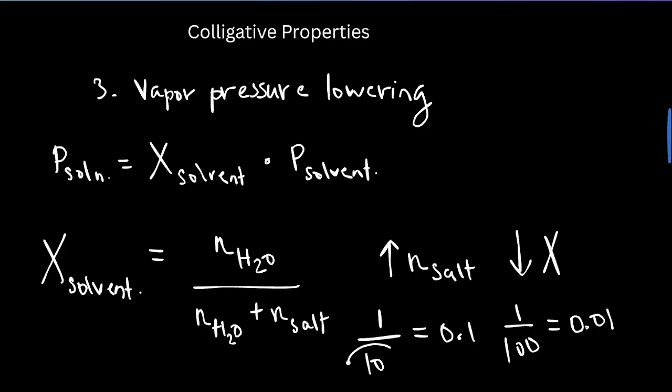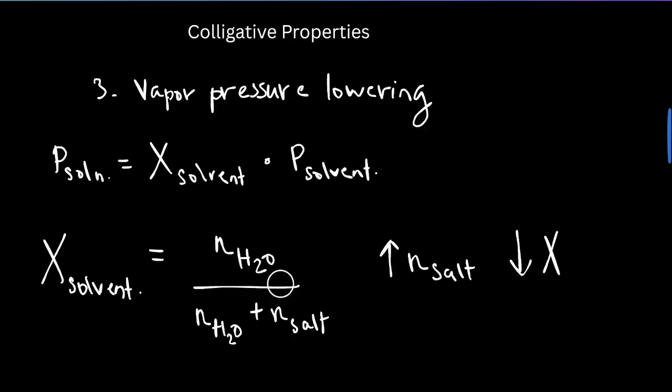By raising the value of our denominator, we decrease the value of our fraction. So in this way, we can see that by increasing our solute concentration, the number of moles of salt in this case, we are decreasing our mole fraction, which directly will be decreasing our vapor pressure.